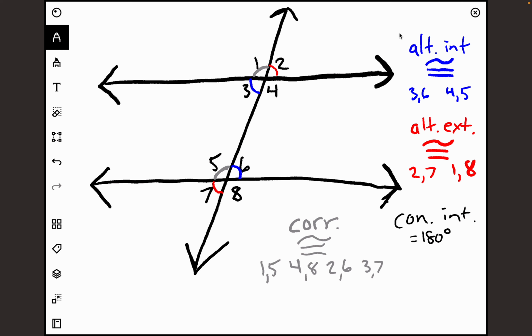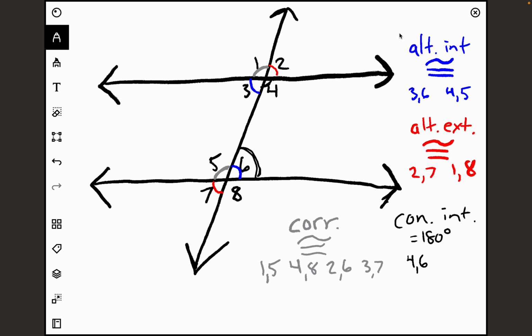This consecutive interior, an example would be angle 4 and angle 6. If I had angle 4, let's say this was 130 degrees, what do you think our angle 6 would be?